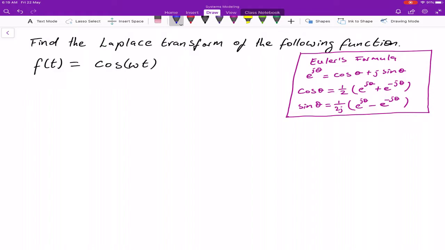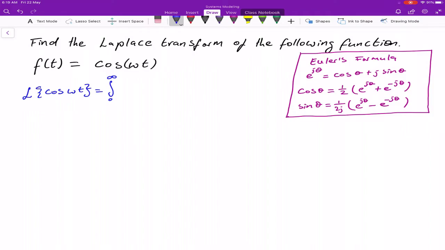So I'm going to rewrite this. If we want the Laplace transform of cosine omega t, which is equal to, we are integrating between 0 to infinity. Then we are going to substitute from Euler's formula.